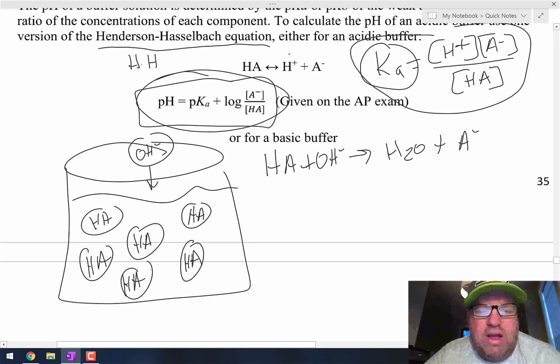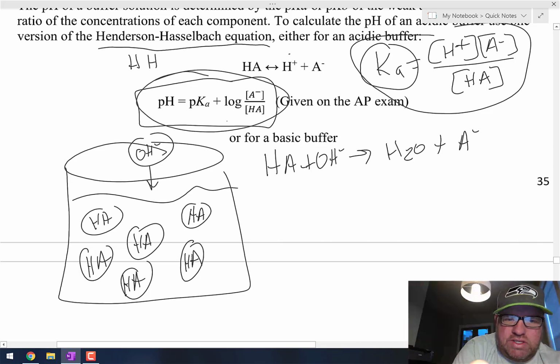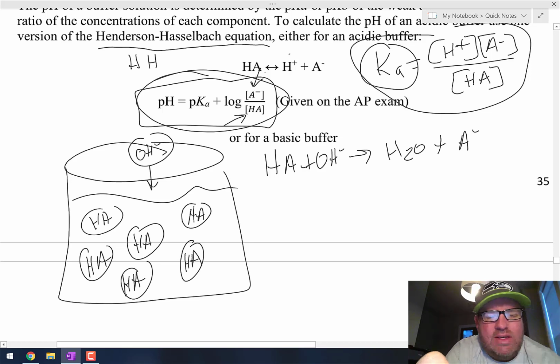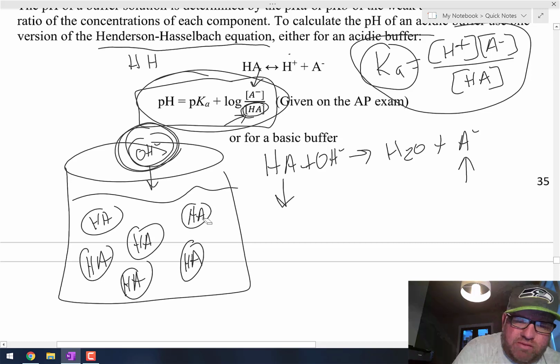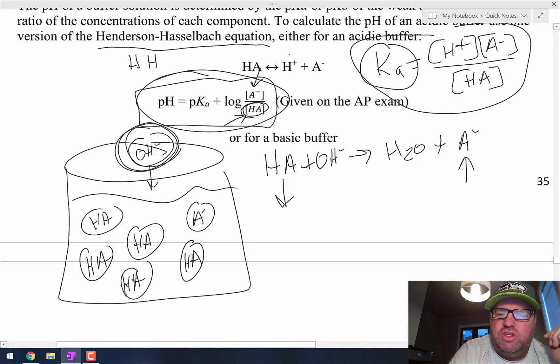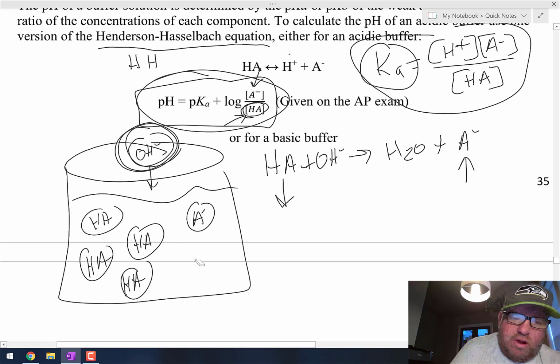At the beginning of the reaction, this number is really big, and this number is really small. And as the titration continues, the concentration of the acid starts to go down, and the concentration of the conjugate base goes up. As you add more hydroxide, more and more of these HA particles are going to turn into conjugate base particles.